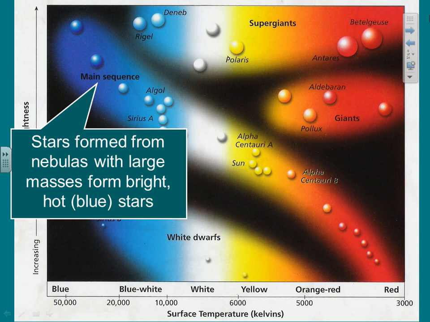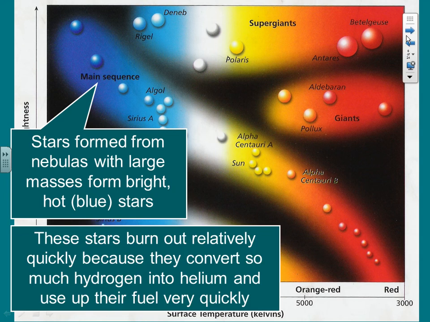So these stars up here on the main sequence, these really, really bright stars, they're really, really bright, but they last the shortest. Again, relatively speaking, we're still talking about hundreds of thousands of years, but in the case of a star, that's not very long.